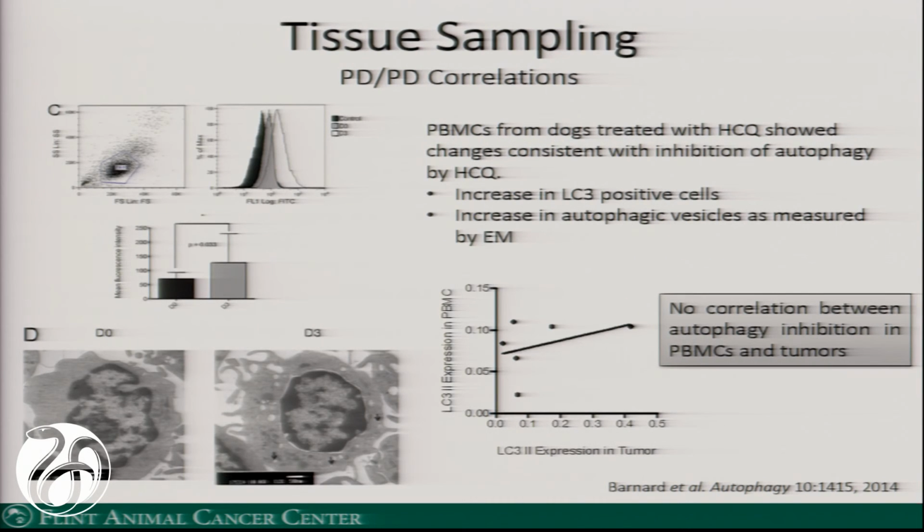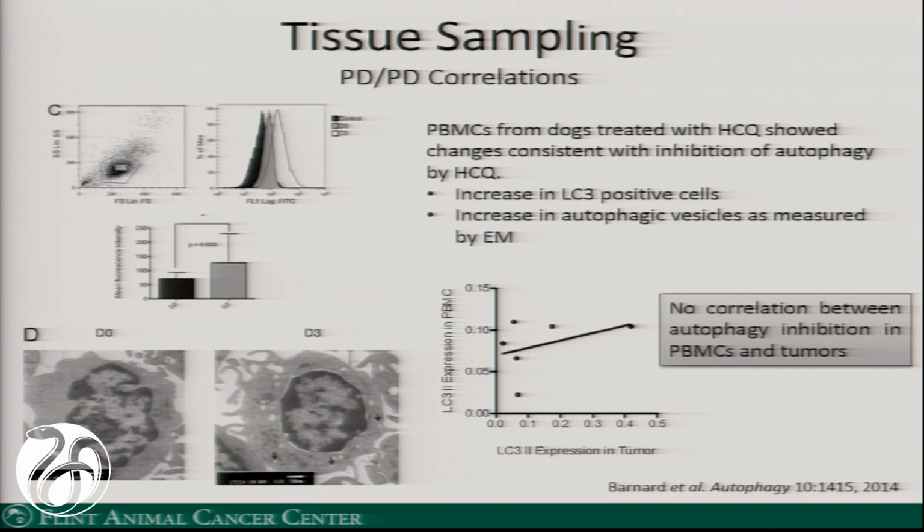The other thing is that we looked at PBMCs from dogs treated with hydroxychloroquine as a pharmacodynamic marker of autophagy inhibition. Are we inhibiting autophagy? We did see an increase in LC3 positive cells and an increase in autophagic vesicles here, which is what hydroxychloroquine does. It blocks fusion of the autophagic vesicle with the lysosome, so you block autolysosome formation.